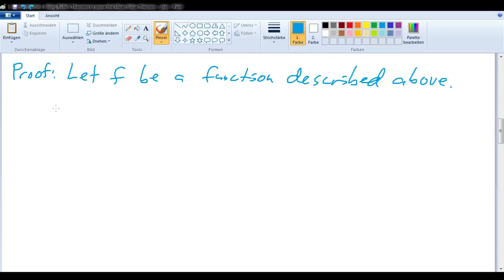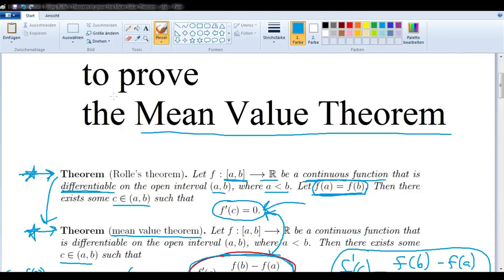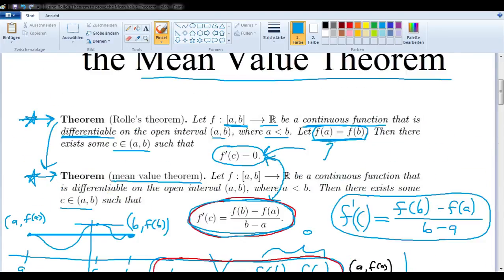that's not self-evident. Somehow we want to use Rolle's theorem, we know that much, but how can we do it? The good idea that we're going to have here is to use a helping function that we're going to call g. So if we knew, for example, that f(a) were equal to f(b), then we could use Rolle's theorem.